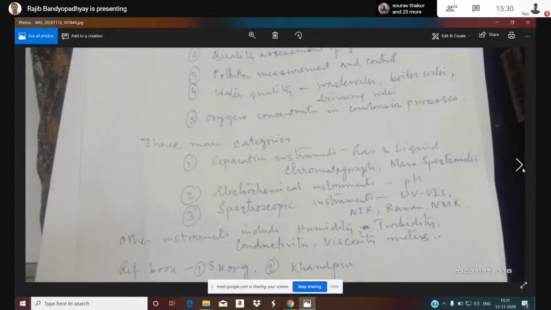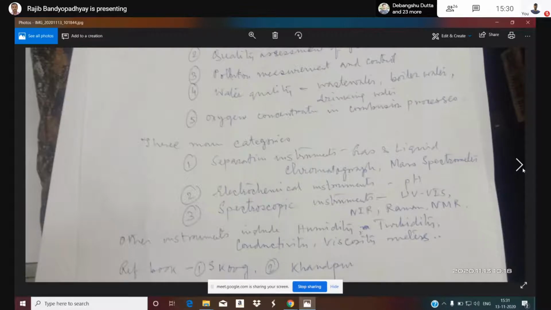Then after compiling the data from different instruments, only then can they interpret that this is the composition. But NMR is really a very powerful instrument, and another offshoot of NMR, as you all know, is magnetic resonance imaging, for finding out cancerous cells in our human body.